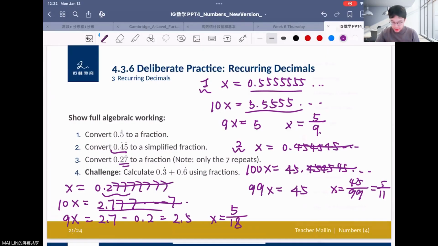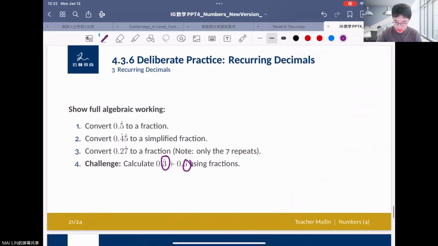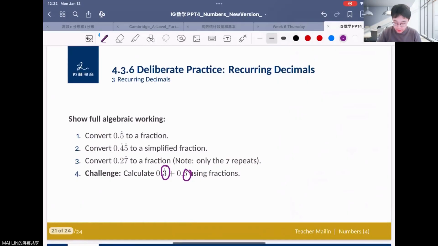For the fourth problem, let's take a look. Calculate 0.3 with a dot on it, plus 0.6 with a dot on it. So you can first switch both of them into fractions. For x equals 0.3 recurring, you can set it equal to 0.3, a lot of 3s after this, and then times 10.